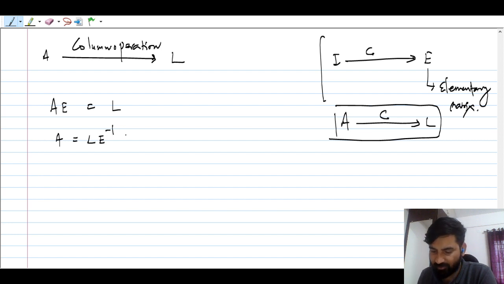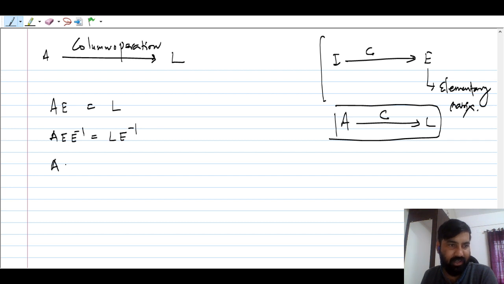How did we get L times E inverse? You post-multiply by E inverse, so A E E inverse equals L E inverse. E times E inverse is I, so A equals L E inverse.